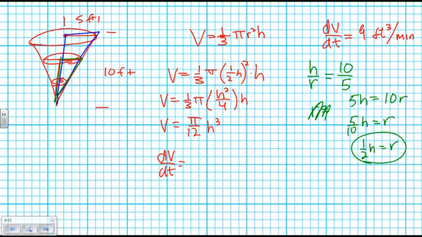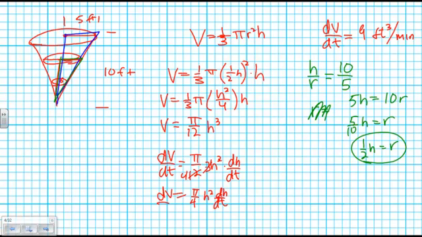The derivative of that other side with respect to time, our constant, 3h squared, and don't forget the chain rule, dh/dt. If we do a little bit of cleanup, we end up with pi over 4 h squared dh/dt.